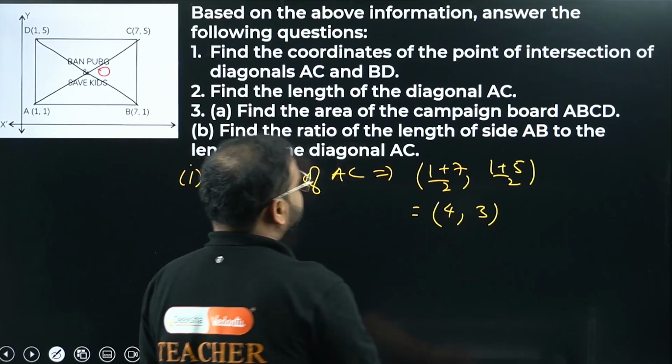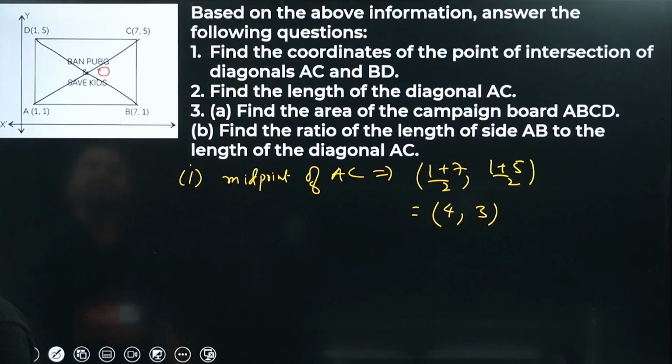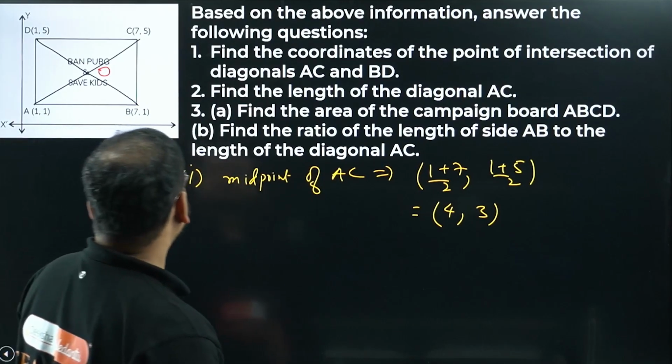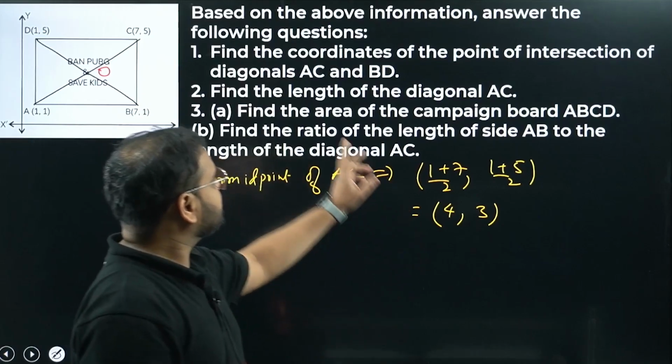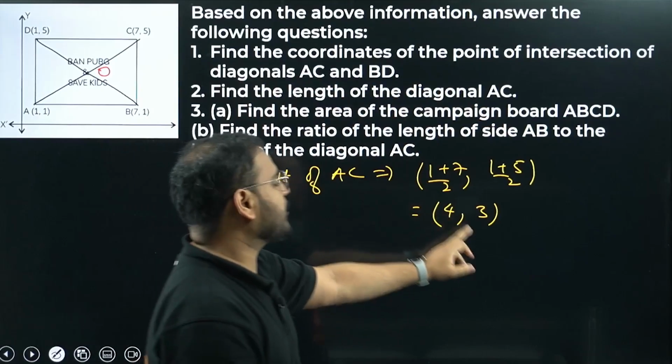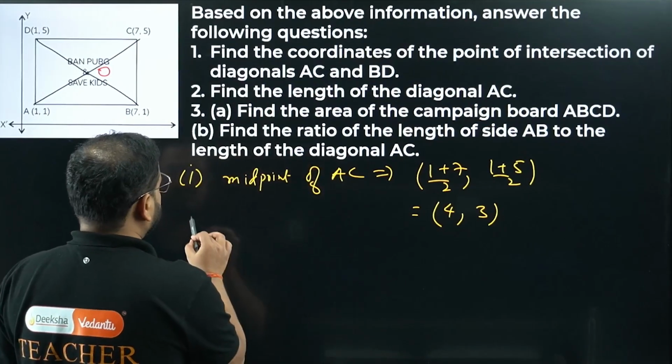So 4 comma 3. So this is right. The first answer is the coordinates of the point of intersection of the diagonals, point O is 4, 3. Question number 1 is done.